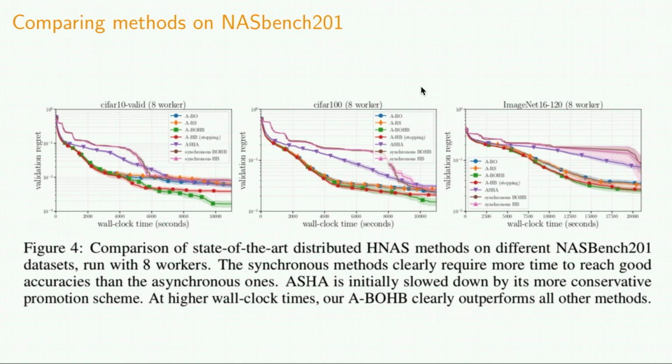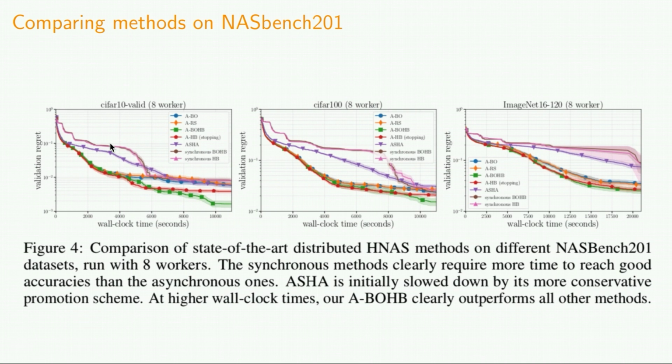On this NASBench-201 example, we end up comparing all the synchronous and asynchronous approaches, both model-based and non-model-based. Here we have the three image classification problems. The first observation is that the synchronous approaches are doing worse than the asynchronous approaches, which is not surprising. In both cases, they are here on top.